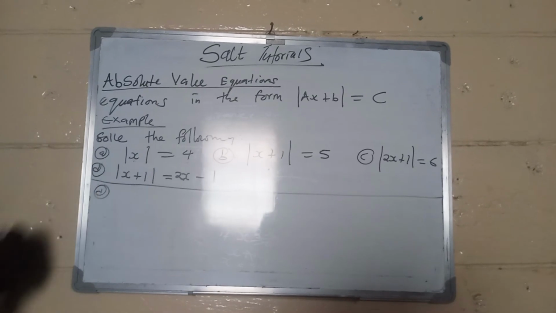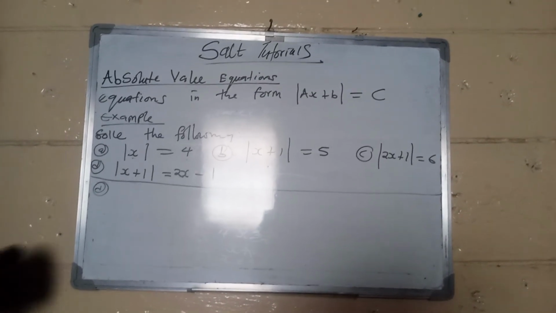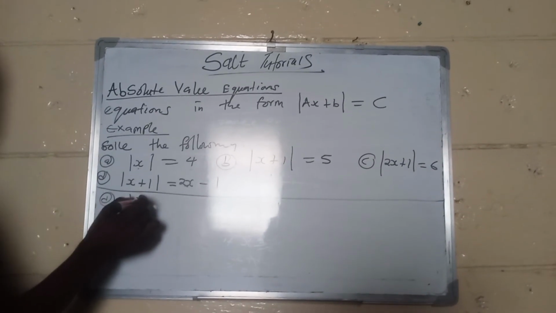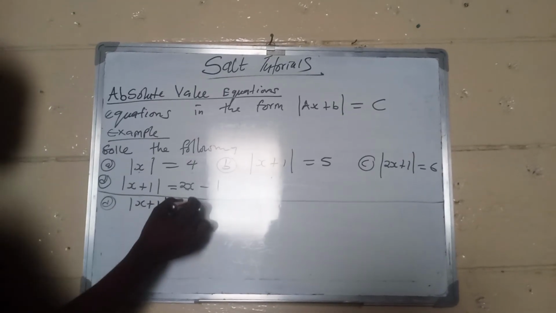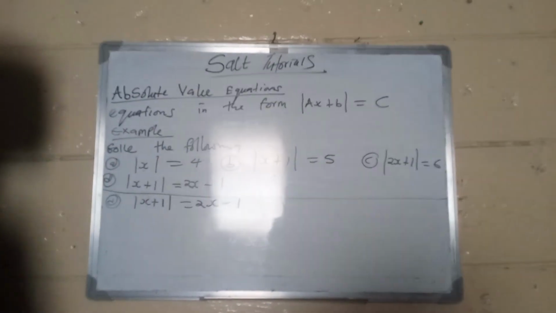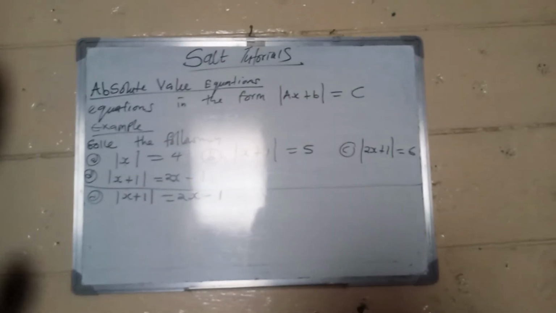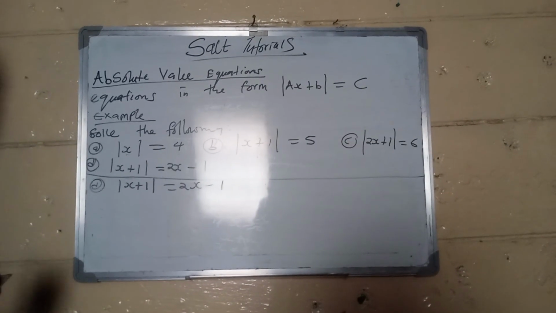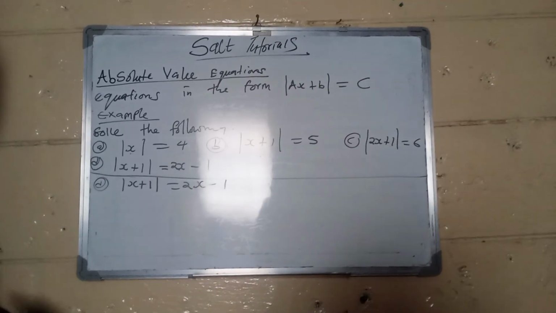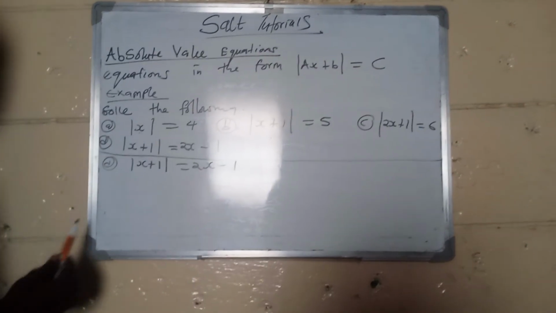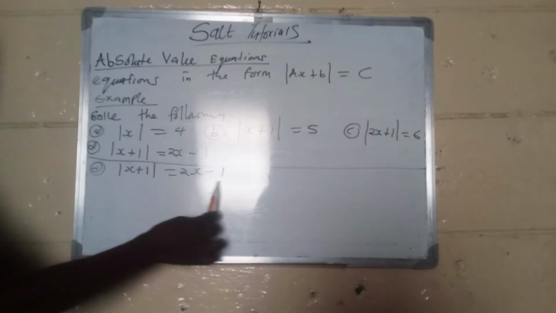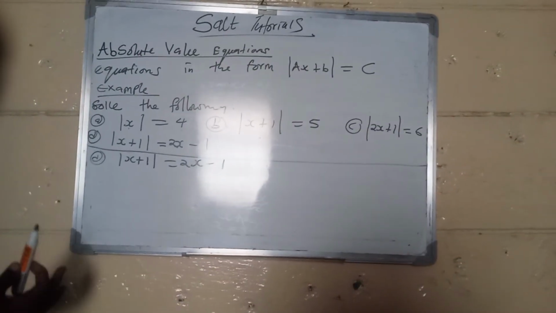So we're talking about the fourth one now, where we're being told that the absolute value of x plus 1 is equal to 2x minus 1. No matter how an expression is given, you just have to use the definition of an absolute value. In this case, there's an x variable in there and there's an x variable on my right hand side, so it doesn't matter.